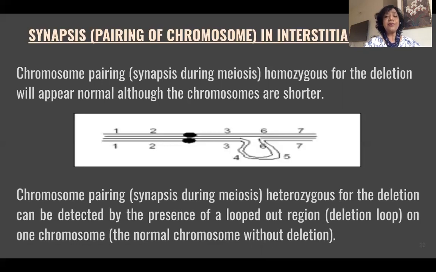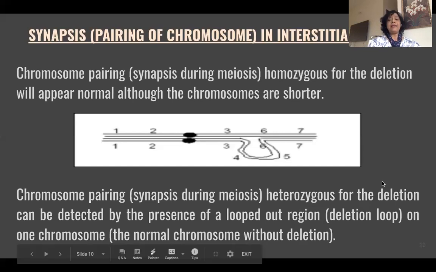If it is heterozygous, then there is a presence of a deletion loop. So now students, I have to explain to you what a deletion loop is. I feel that you know what synapsis is, what homozygous is, what deletion is, what heterozygous is, and what a homologous chromosome is.